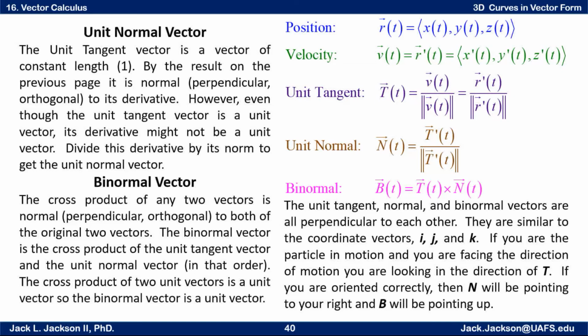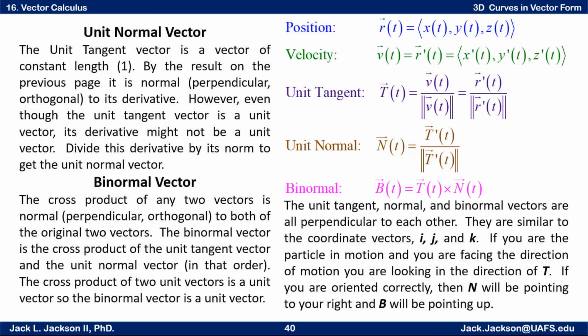And then this binormal vector is the cross product of those two. Now remember, the cross product of any two vectors is normal, perpendicular, orthogonal, three different words for more or less the same thing, to both of the original two vectors. So this binormal vector, B, is the cross product of the unit tangent vector and the unit normal vector, in that order.